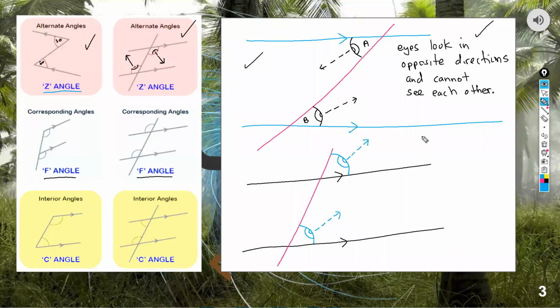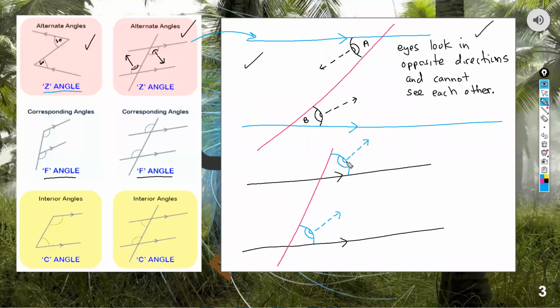Quickly, are the eyes looking in the same direction or opposite directions? Right, the eyes are looking in the same direction. Do not mix it up with alternating angles. Remember, in alternating angles, the two angles were looking in opposite directions.